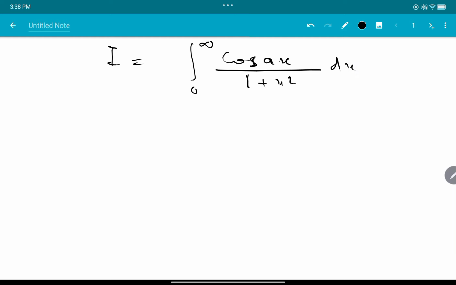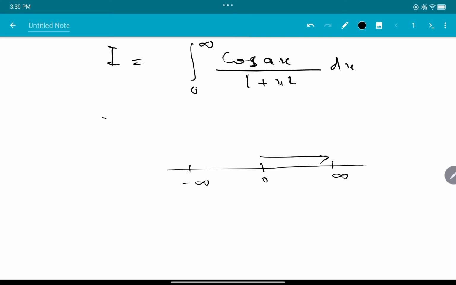First of all, I make a change in this integral. I will extend its limit. An integral from 0 to infinity can also be written as 1/2 times the integral from minus infinity to plus infinity, provided the integrand is an even function.